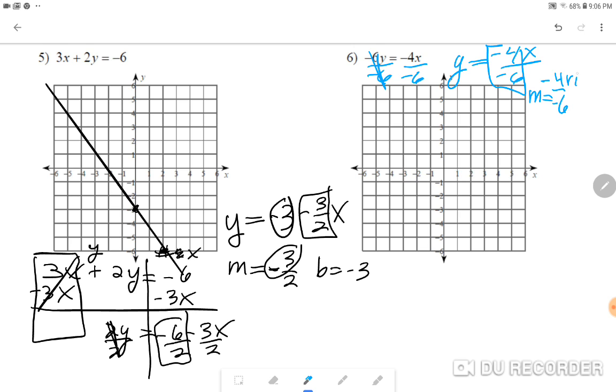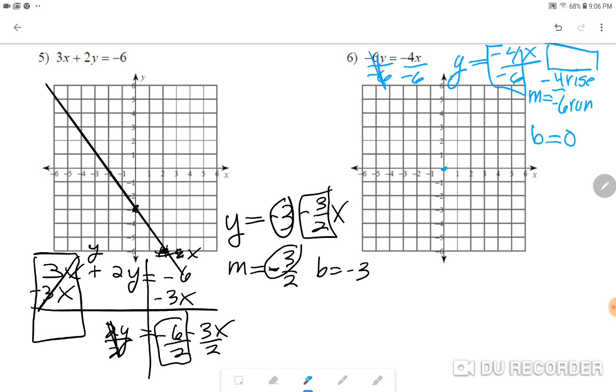This is my rise, and this is my run. Now there's nothing here, so that means the b value will be 0. So on the y-axis, find 0, put a point in there.